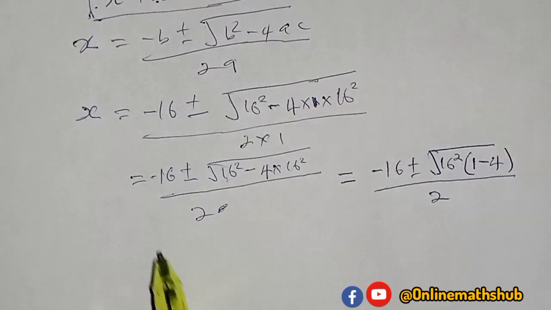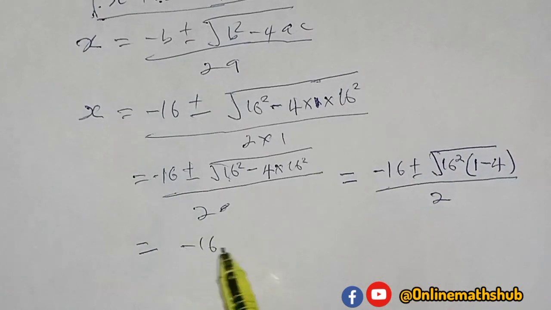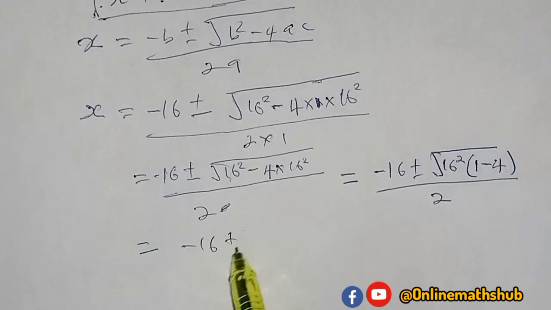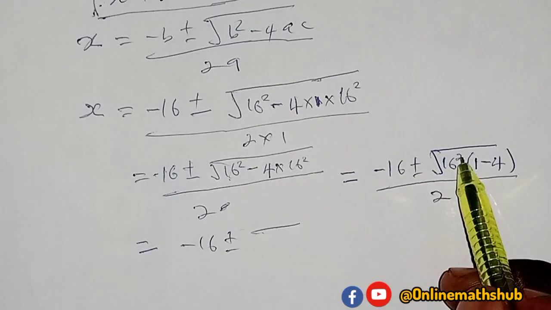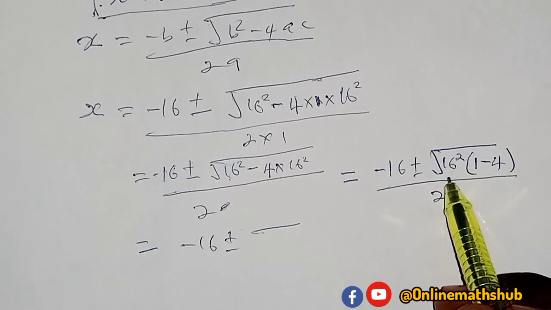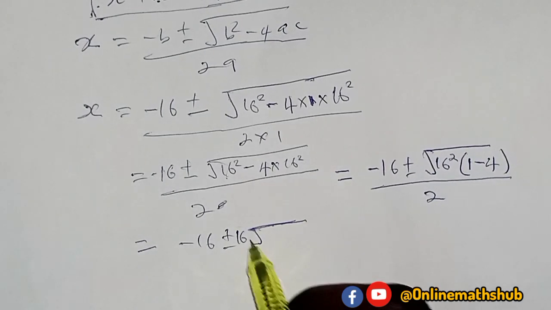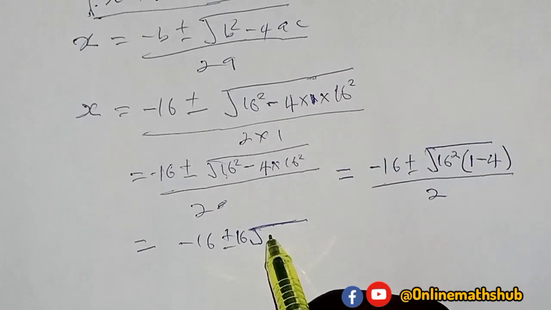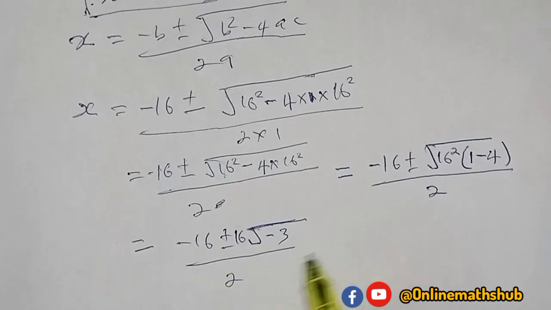Now this is equal to minus 16 plus or minus, I can actually take the square root of this 16 squared right here, so that it becomes 16. I have inside the square root 1 minus 4, which is actually minus 3, and it is divided by 2.